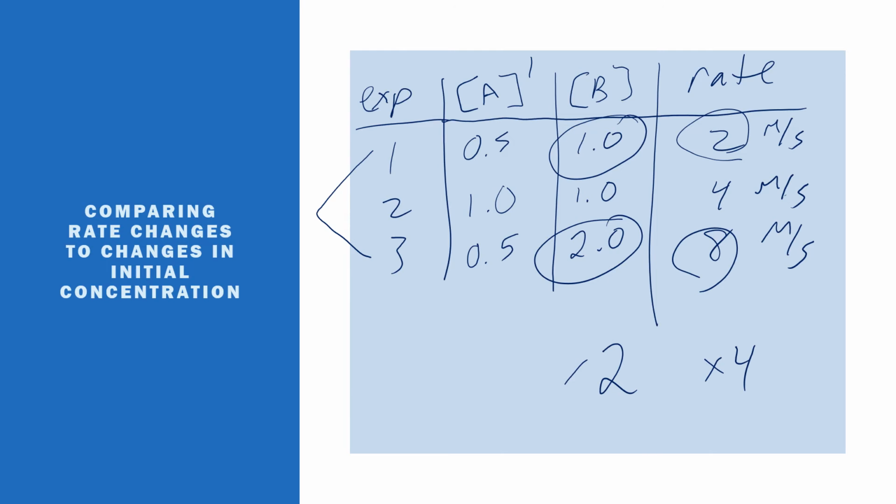So to find out the order of the reaction, I need to find out what exponent makes that true. And so that exponent would be 2. So 2 squared is 4. So that would be a very simple set of data to be able to figure out the order of the reaction: for A is first, the order of the reaction for B is second, and then the overall rate would be third order.